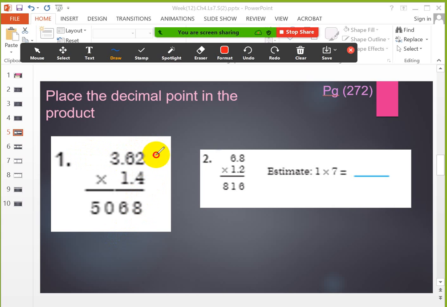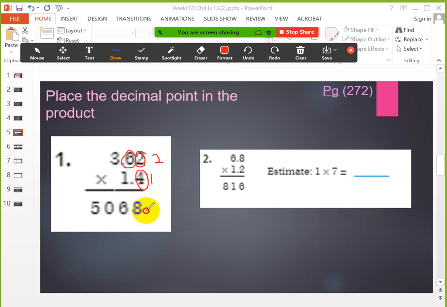I have 2 digits after the decimal point, right? And how many digits after the decimal point in 1.4? Only 1. So in the product, how many digits must be after the decimal point? 3. Very good. 2 plus 1 equals 3.